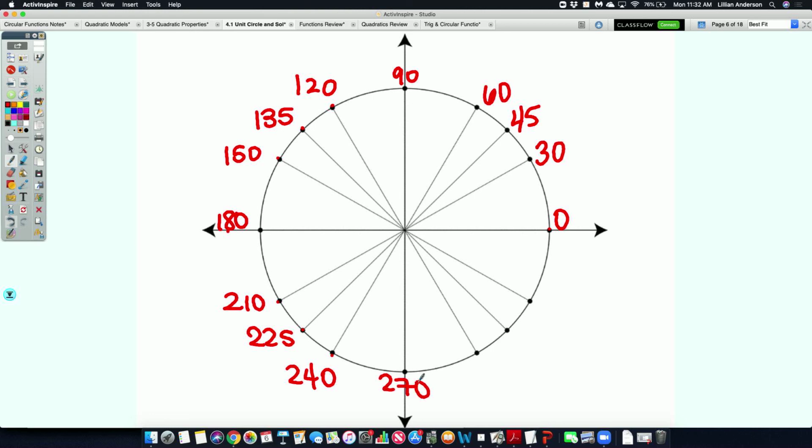Very good. And then I continue on from there. Now, when I've gone a full circle, how many degrees is that? 360. So technically at 0 degrees, if you've gone a full rotation, that's 360 degrees. So what's 30 degrees away from 360 going backwards? 330. 45 is 315. And 60 is 300. And those are all the degrees in your unit circle.